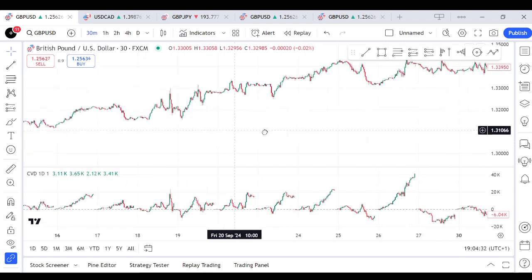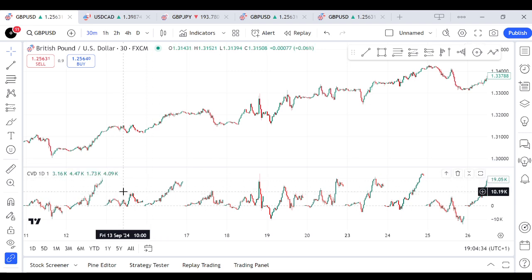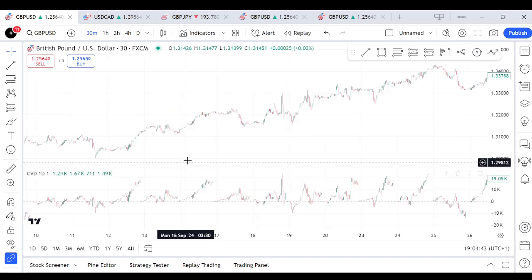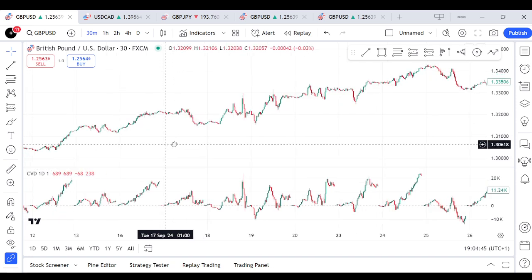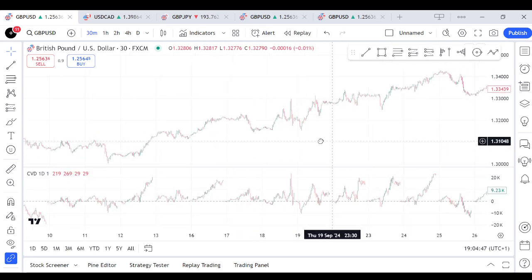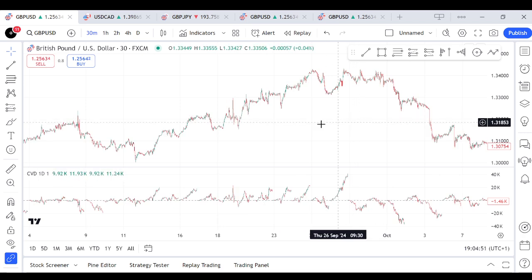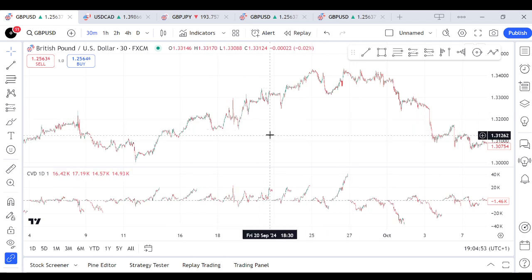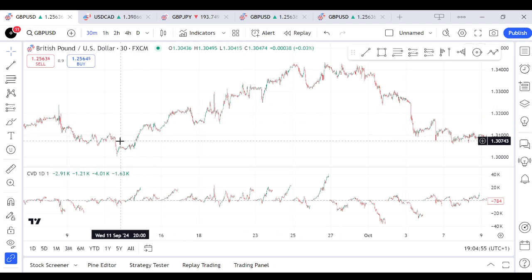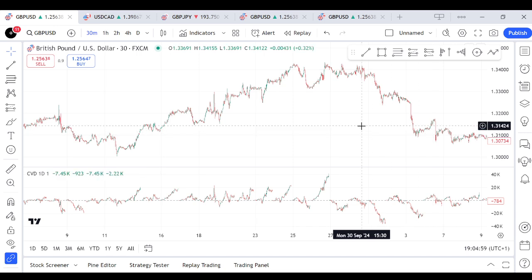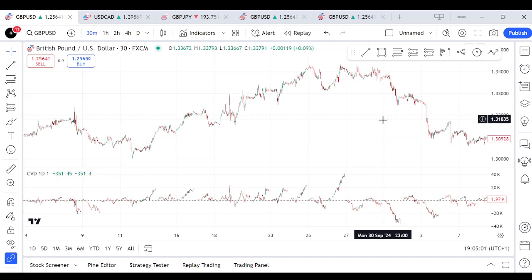You can see that it's quite clear here. The CVD is quite above the zero line and is shooting upwards, moving higher, which means that there's more buying pressure in the market, and as you can see, it's reflected in this uptrend that lasted for a long time, about 2 weeks, from September 11th to the 1st of October.